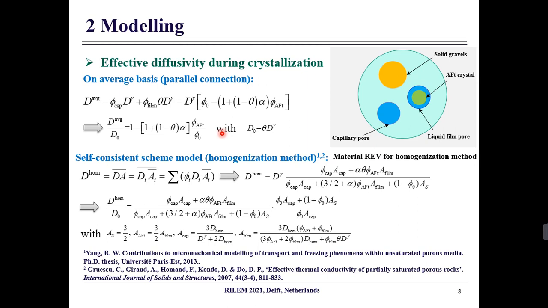Furthermore, by using the homogenization method, we express the effective diffusivity in a more complicated form, just like the top right figure shows. We consider the capillary pore, ettringite crystals, and the cement matrix as a spherical particle, and the film as a spherical shell floating crystals. Then we can write the effective diffusivity.